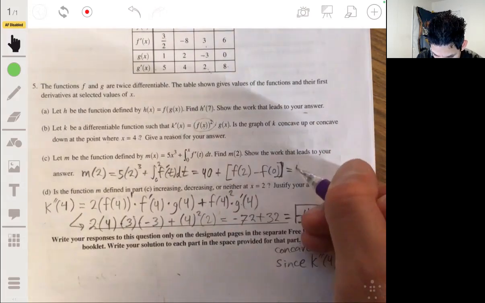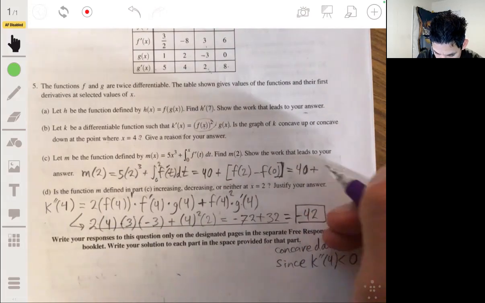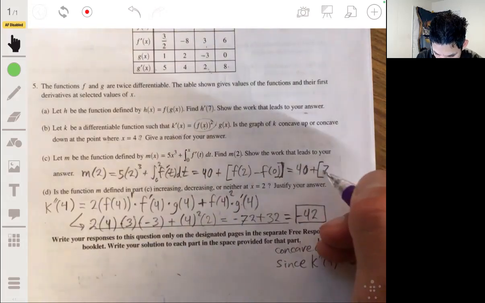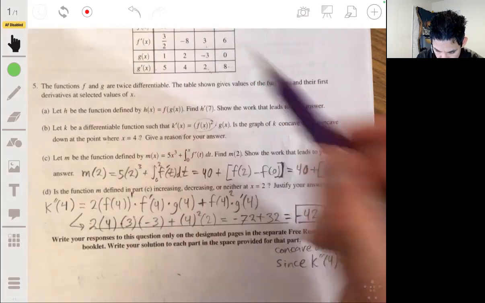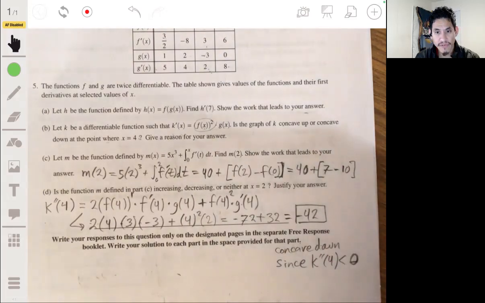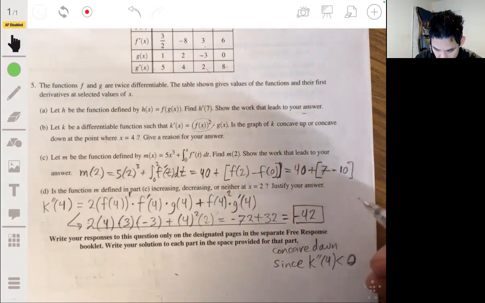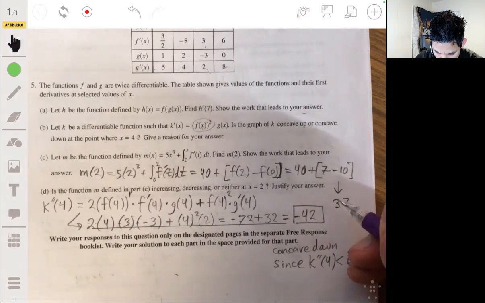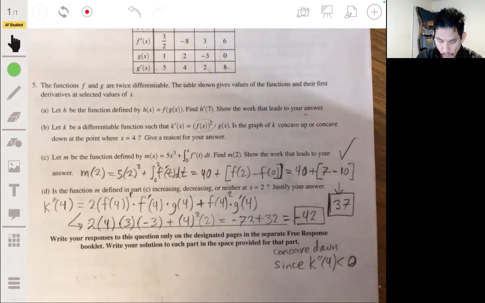We get 40 plus f of 2, which is 7, minus f of 0, which is 10. So 40 plus negative 3, and that'll give us 37 for C.